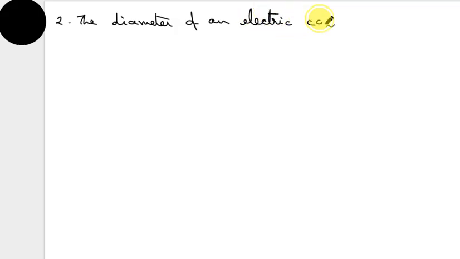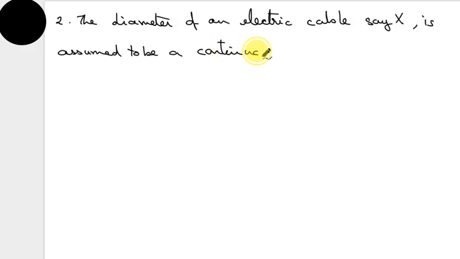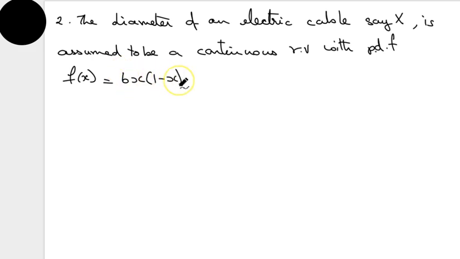The diameter of an electric cable, say X, is assumed to be a continuous random variable with probability density function f of x equal to 6x into (1 minus x) for 0 less than or equal to x less than or equal to 1.